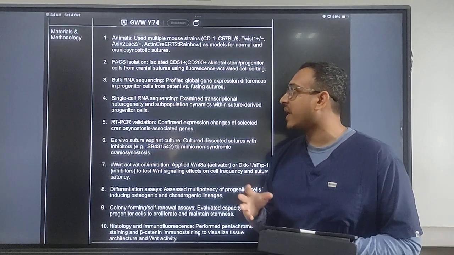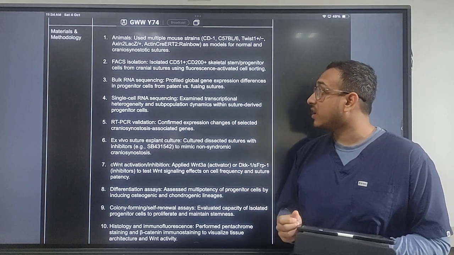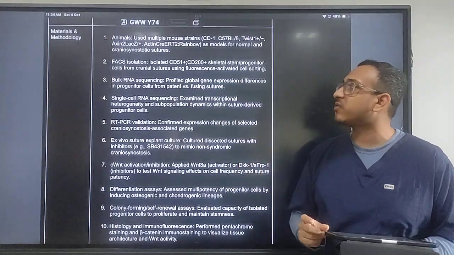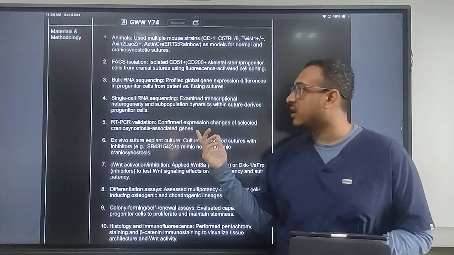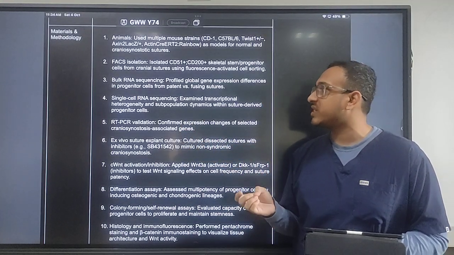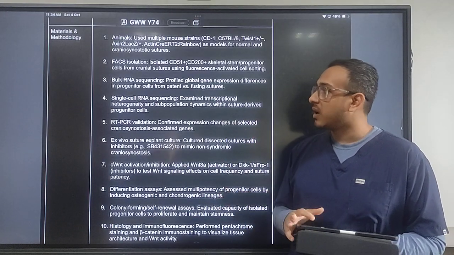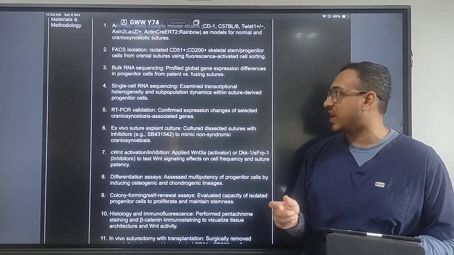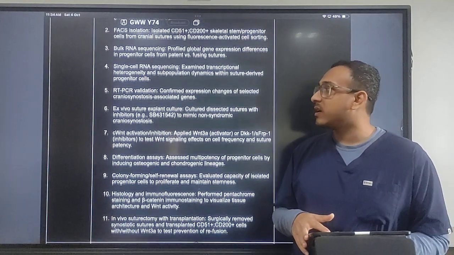In bulk RNA sequencing, they profiled the global gene expression differences in progenitor cells from patent versus fusing sutures. They did single cell RNA sequencing, where they examined the transcriptional heterogeneity and subpopulation dynamics within the suture derived progenitor cells. They did RT-PCR validation to confirm the expression changes of selected craniosynostosis associated genes.